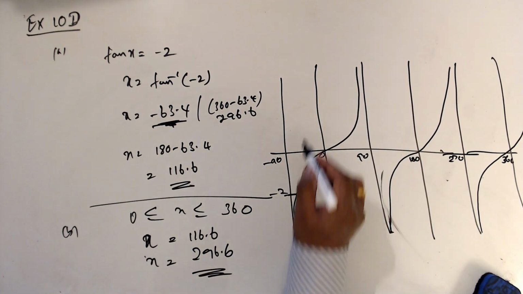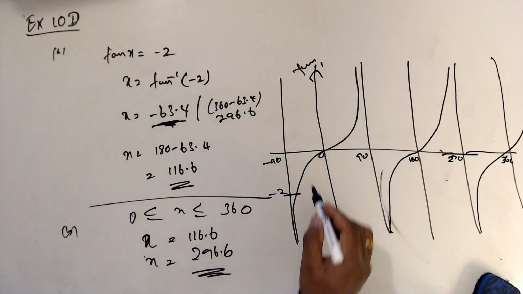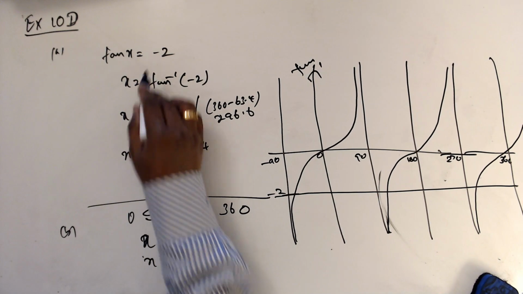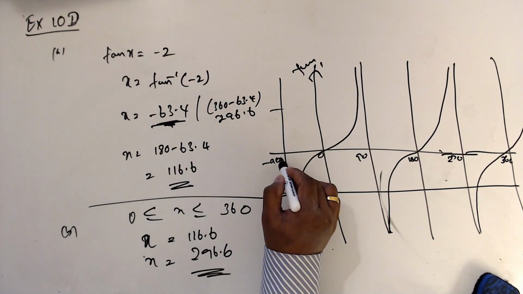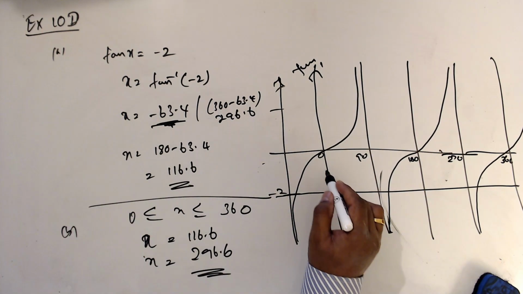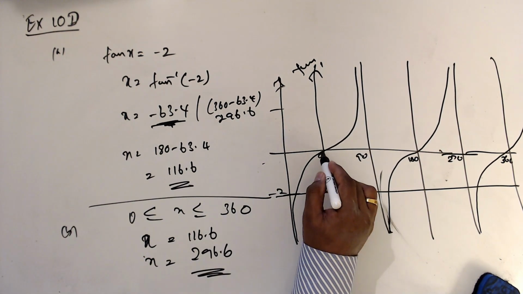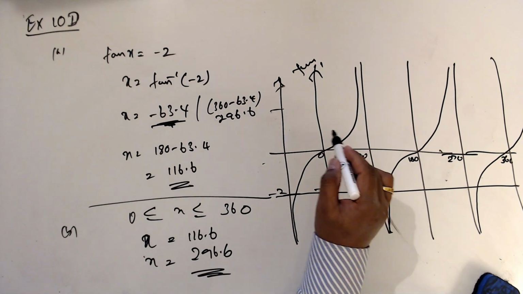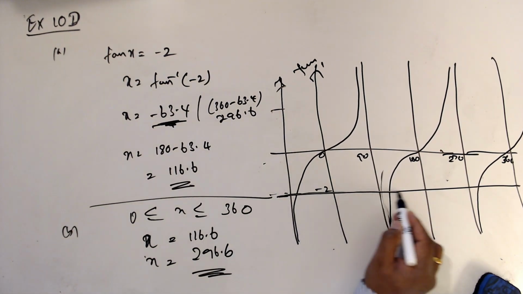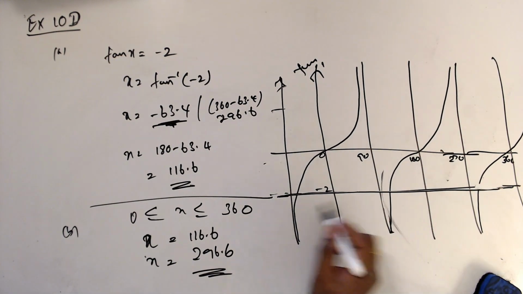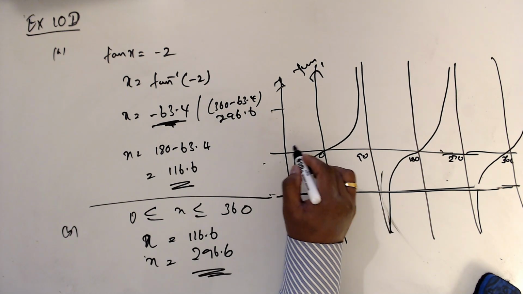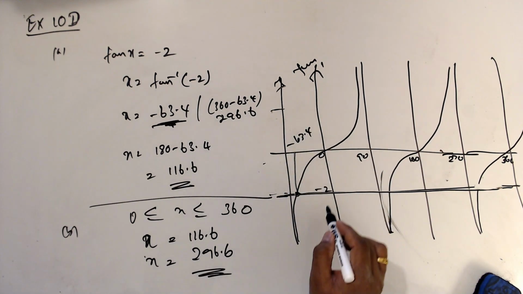From the graph, this is tan graph, you can see minus 2 line. This is positive, this is negative. This is minus 2 line, this is 0, and you can see that this minus 2 line, when you draw, this is the one you will get from the calculator, minus 63.4.